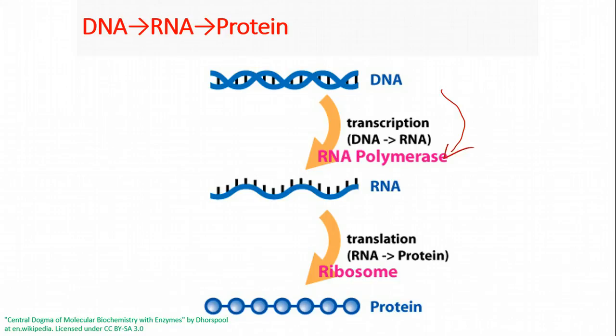That RNA is then processed through splicing and the addition of a 5' cap and a 3' tail into mRNA, which leaves the nucleus, moves into the cytosol, and is then translated from RNA to protein by the ribosome. And again, the ribosome brings in tRNAs, which are complementary to the mRNA, locks them in place, and makes those peptide bonds between the amino acids to form a protein. So this is the entire process.